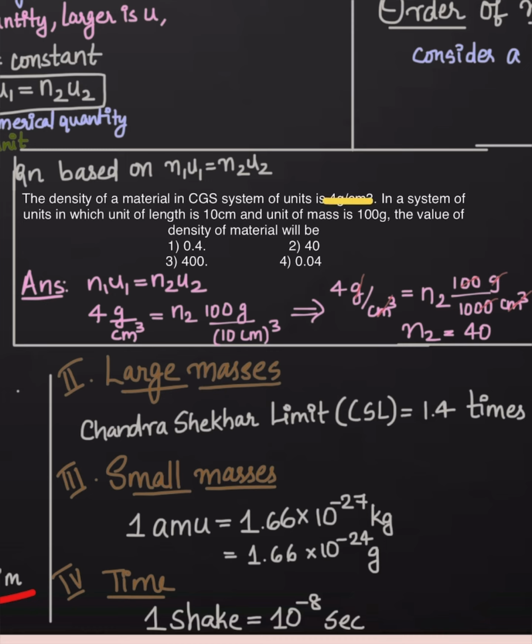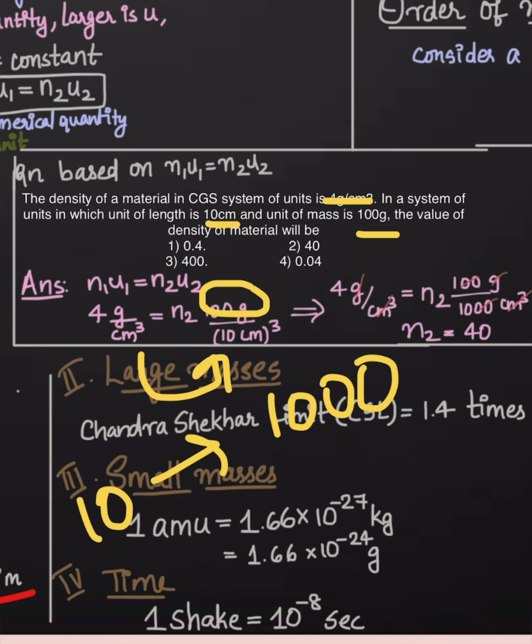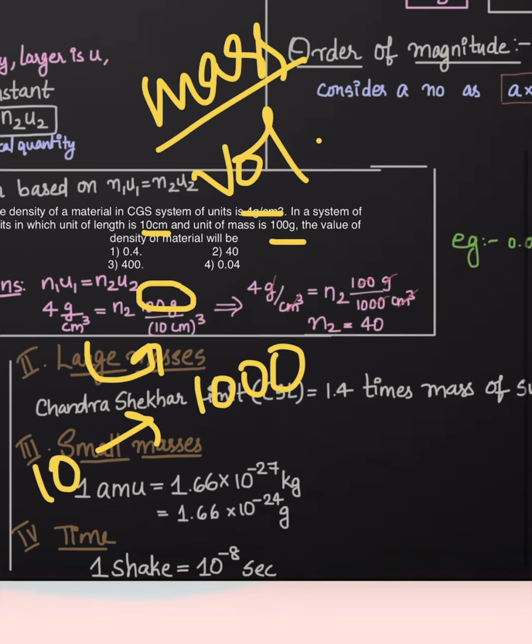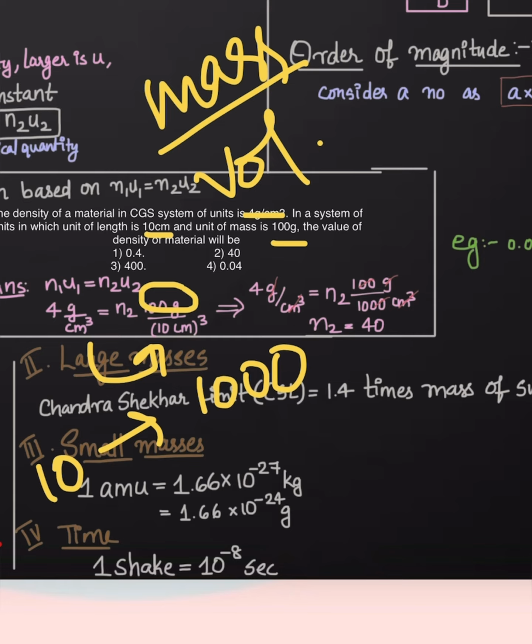When we change the unit, gram will be changed into 100 gram, and the length is changed into 10, so the volume will be changed into 1000. Density is mass divided by volume, so we have to find the volume. Volume will be 10 centimeter the whole cube, right? So 100 gram divided by 1000 centimeter cube, and n2 will be 40.